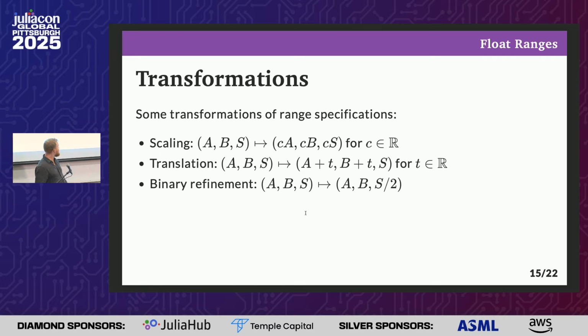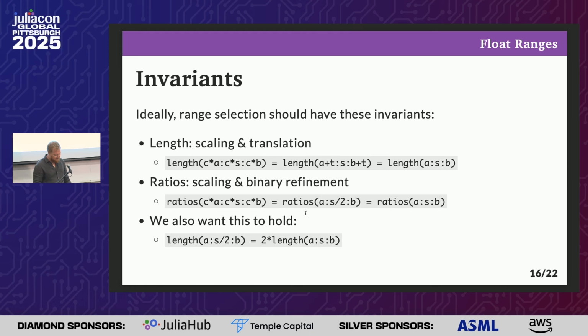And for various reasons, we're only interested in binary refinement. If you allow arbitrary refinement by arbitrary integer constants, you end up forcing weird prime numbers into the length, and that's not what you want. But with 2, it's safe. It's actually quite good, and it's a nice property to have. So here are the invariants we end up wanting.